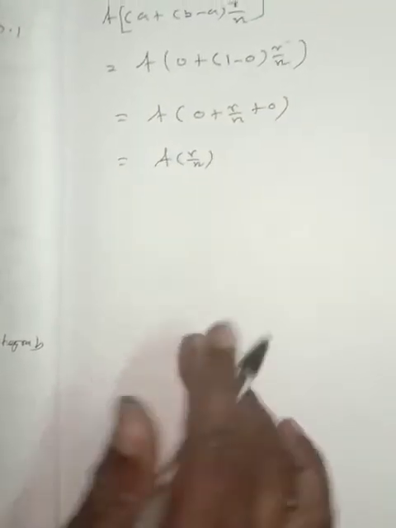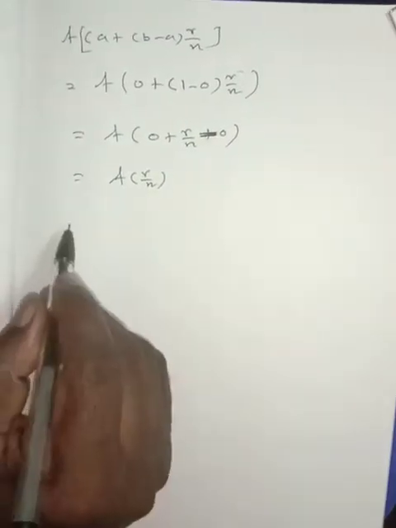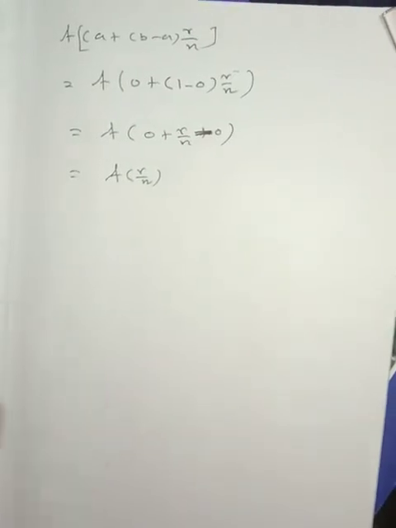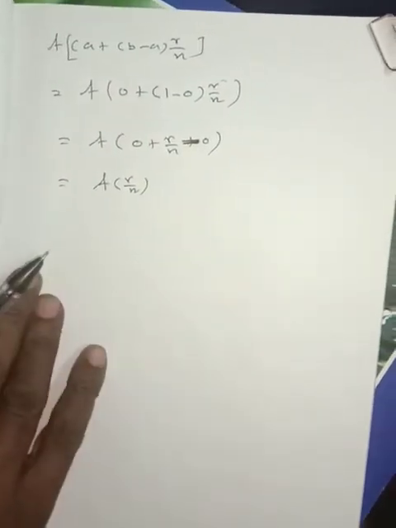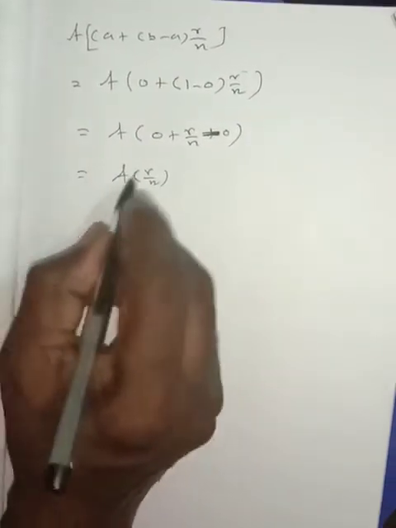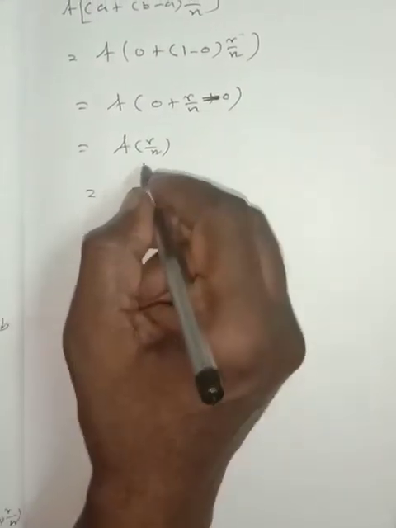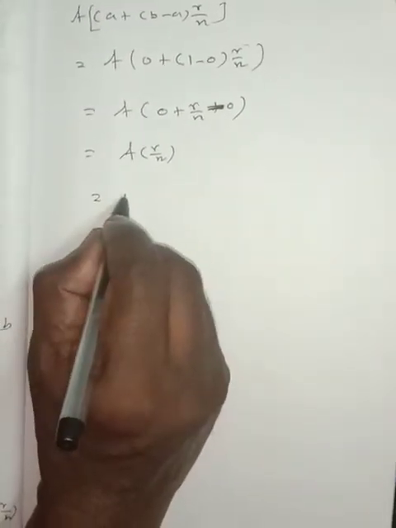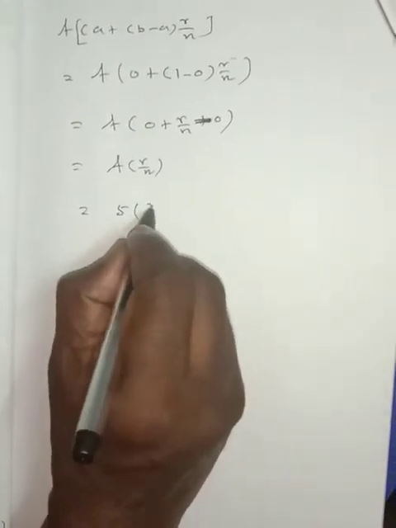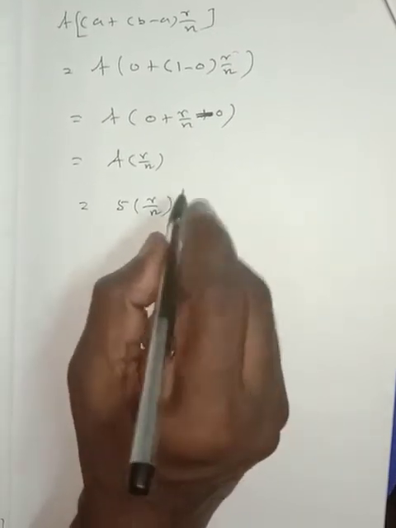Now apply r by n into x. Therefore, 5x plus 4 is f of x, so we get 5 into r by n plus 4.